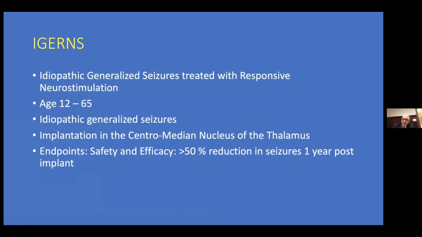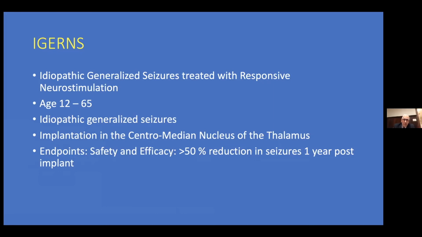Which brings us to the worst type of seizures, which is idiopathic generalized seizures, no focus, the whole brain basically creates these seizures. And we've just got FDA approval for that study as well. It's not clinical routine, but we can offer this treatment again in adolescents, starting at age 12 up to age 65.